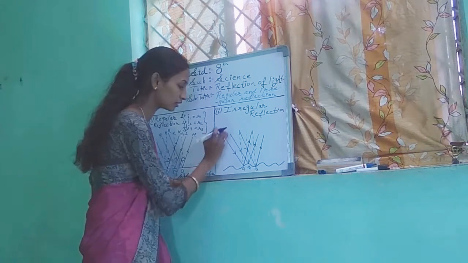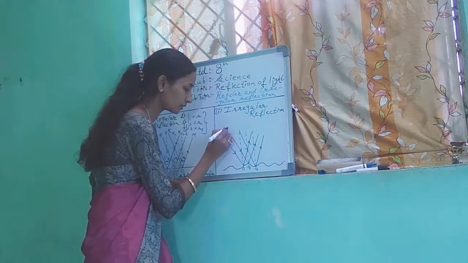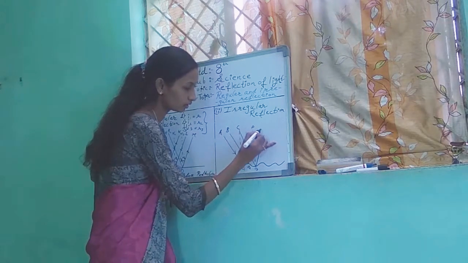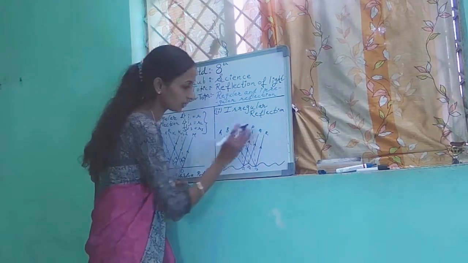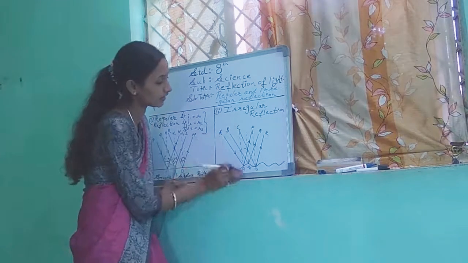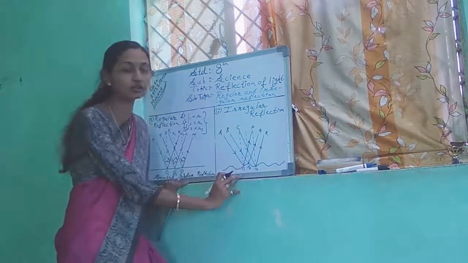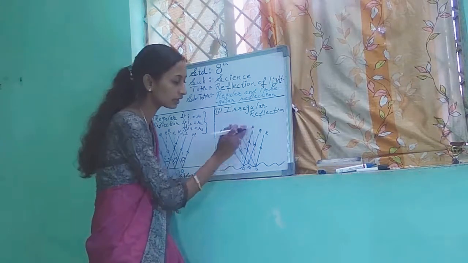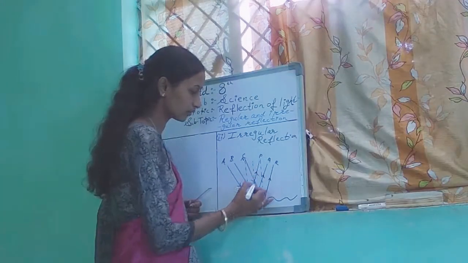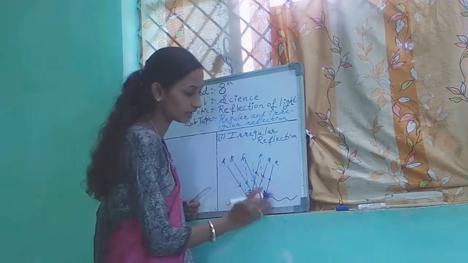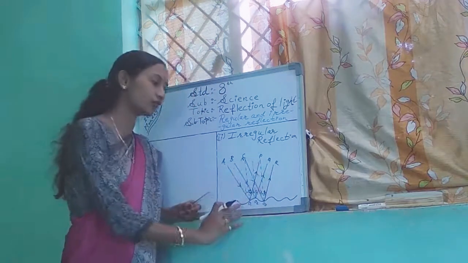Here we will write labels A, B, C, and here P, Q, R. So AO1, BO2 and CO3 are not parallel to each other. Similarly, PO1, QO2 and RO3 will not be parallel to each other.